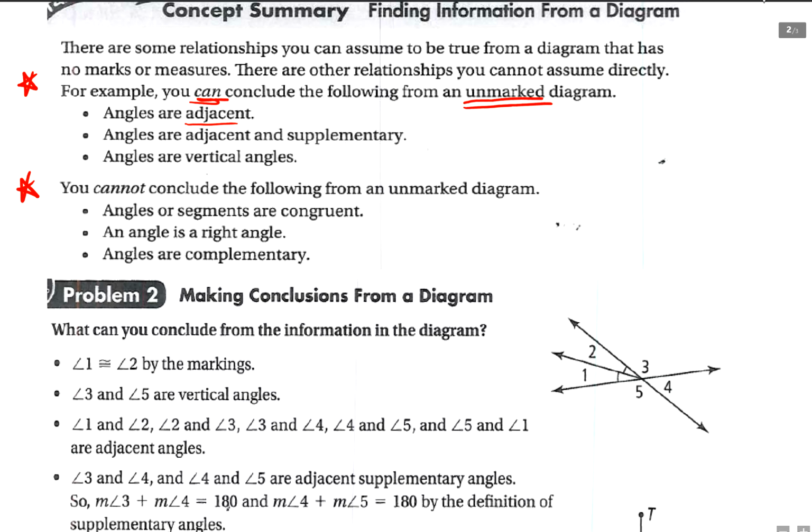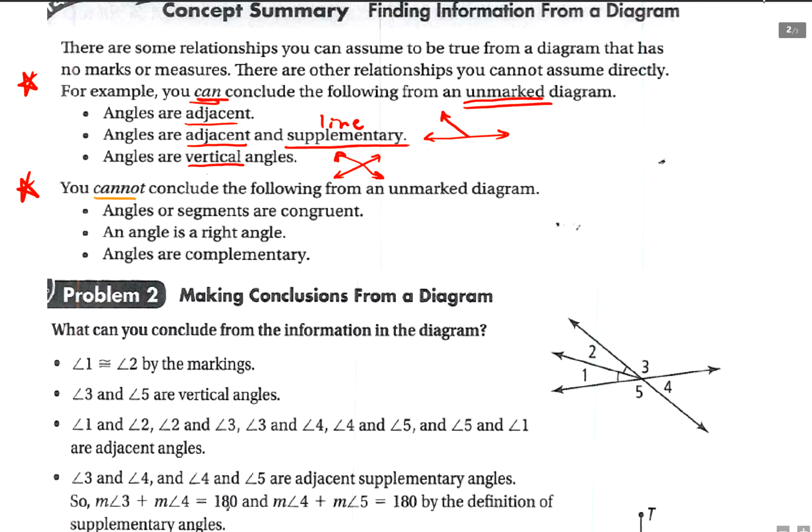And we can determine that angles are adjacent and supplementary, because supplementary angles are going to form a line. And that looks like this, which is going to be very important to us. And we can assume that angles are vertical angles. If we have two lines that intersect, it creates vertical angles. So these are very important to us, and we will use them frequently.